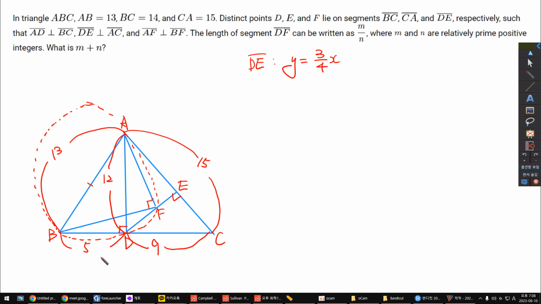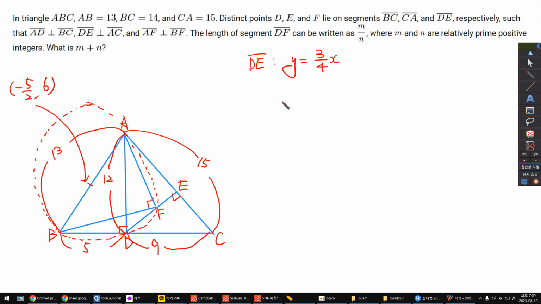So if we make the equation for this circle, the center is the midpoint of AB, and that means the center's coordinates are minus 5 over 2 and 6, because D is at the origin. And the radius is half of 13.